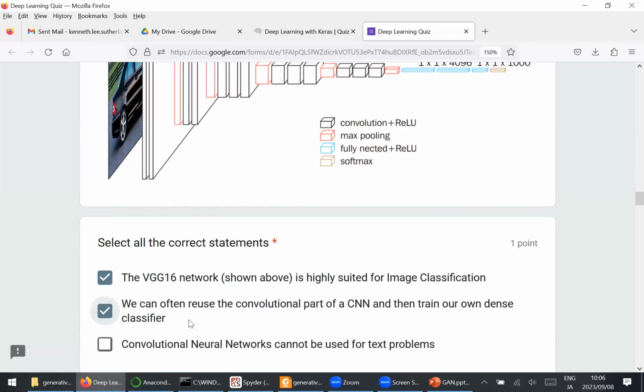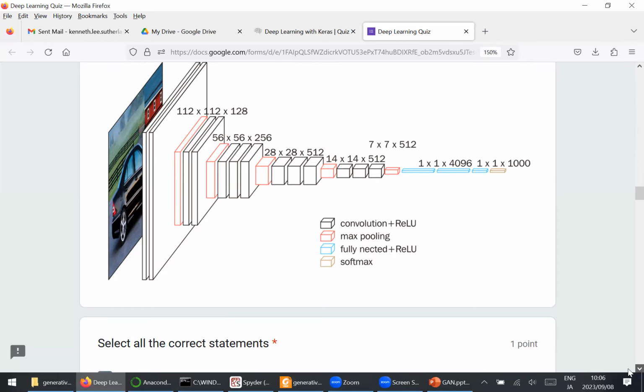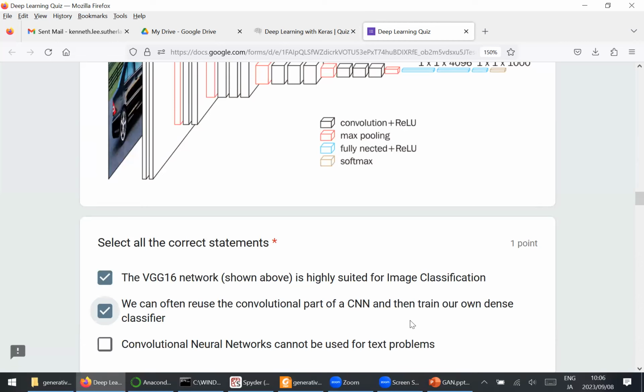Yeah, right. So this is transfer learning. With transfer learning, you keep all the convolution layers and only train these blue fully connected layers. You only have to train the classification part. So that is called transfer learning.